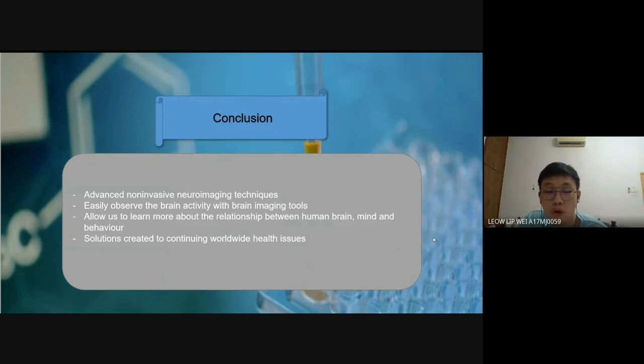With the help of bioengineering, many solutions can be created for continuing worldwide health issues, helping to change how patients are treated and also lowering the cost of care.